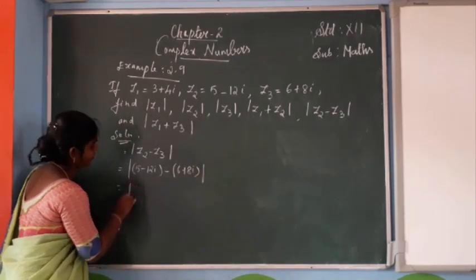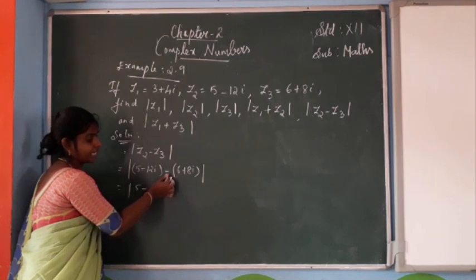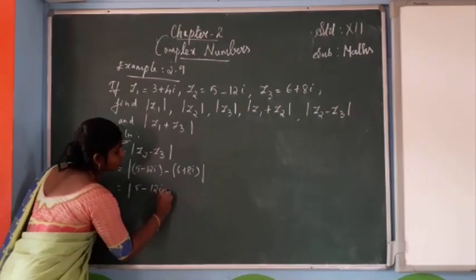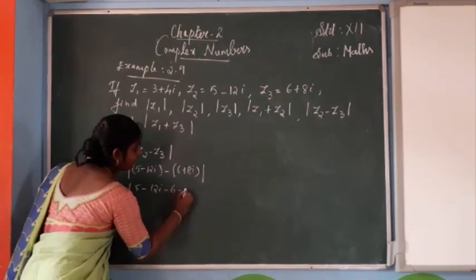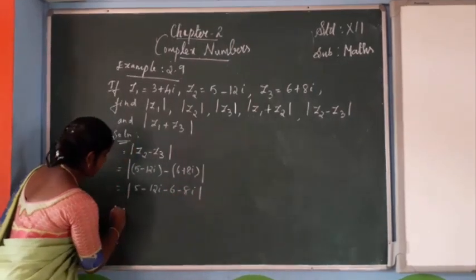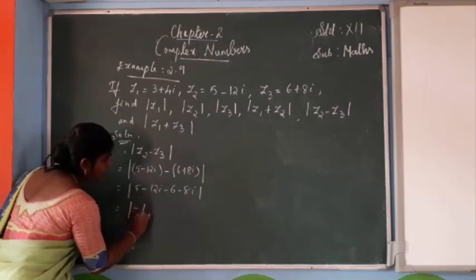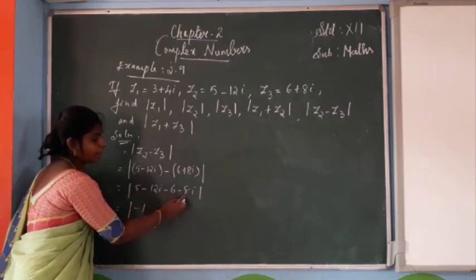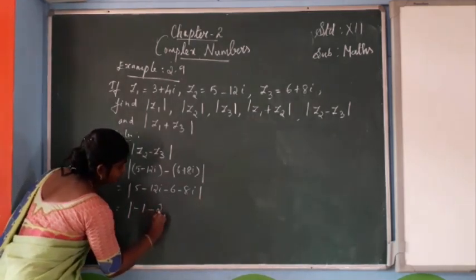That's equal to 5 minus 12i, and we have to multiply the minus inside. So minus 6 plus minus 8i. That's equal to modulus of 5 minus 6, minus 1, and minus 12i minus 8i, so minus 20i.